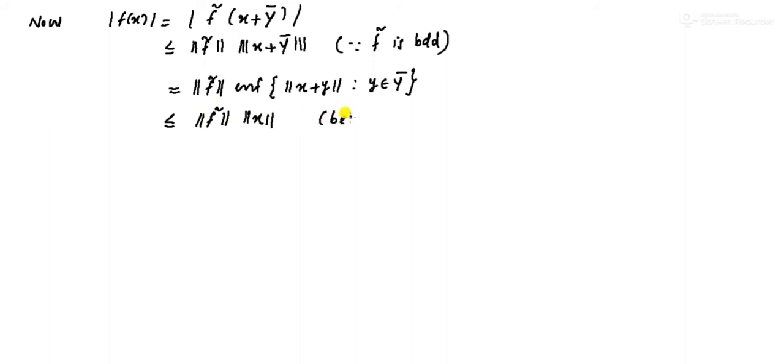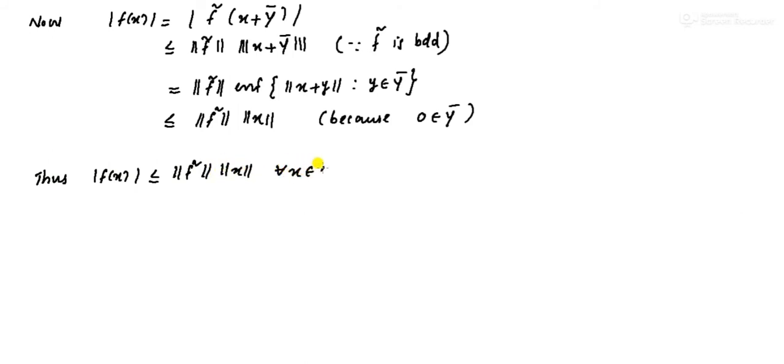This is because 0 element of Y closure, right? Thus we have mod f of x less than or equal to norm f tilde into norm x for all x in X, showing that f is bounded.